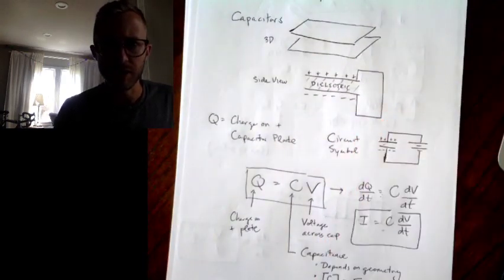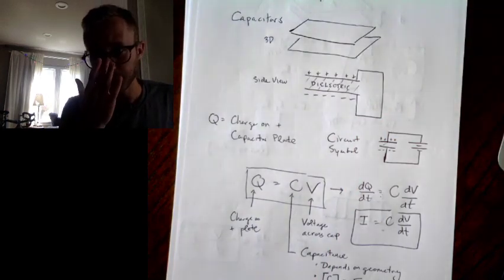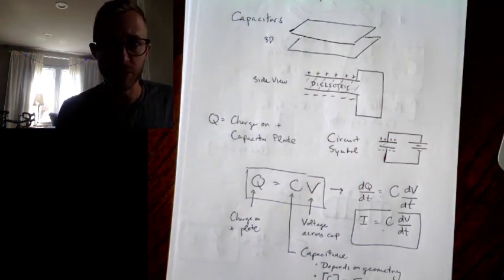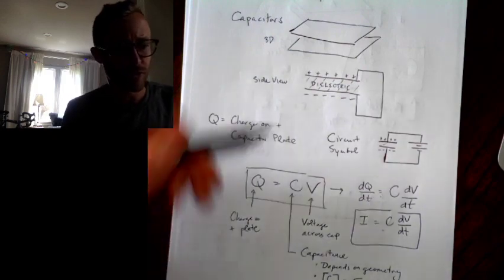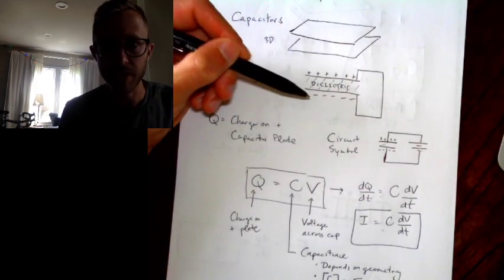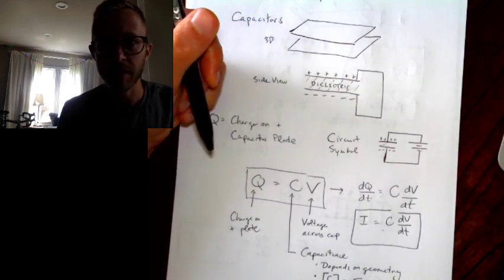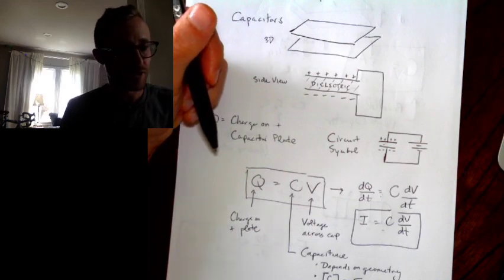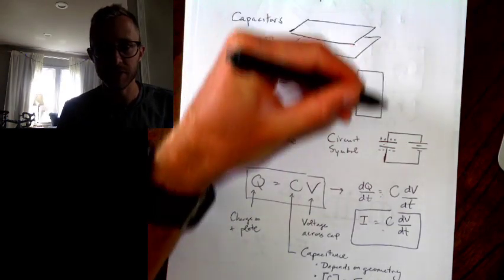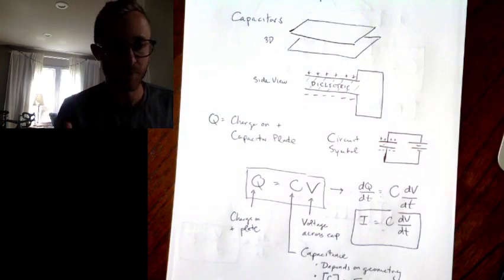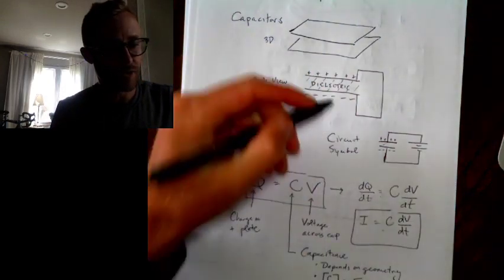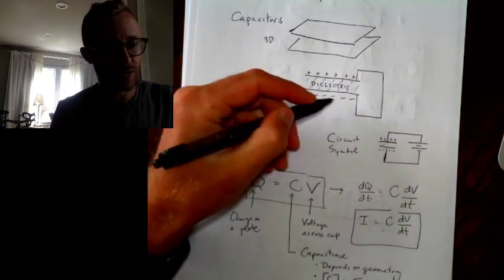So really quickly, what does a capacitor do in a circuit? It basically stores charge. Like I said, you can store charge indefinitely on a capacitor, and then when you want the charge, you can connect the two capacitor plates and you get a burst of current as the charge rushes around to equilibrate.